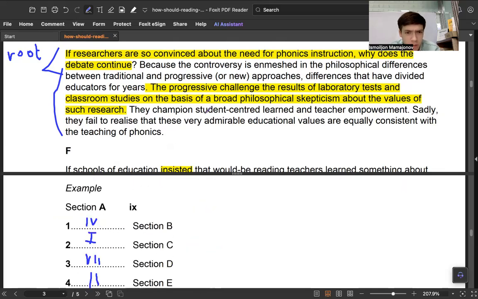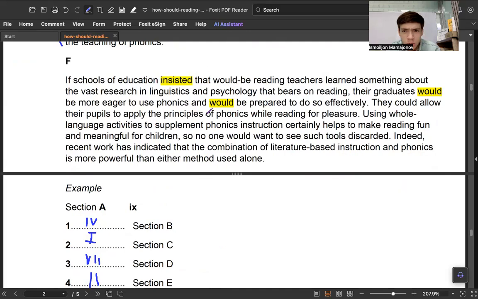Okay, F. F was more about, let's use phonics. Phonics is the best one. And so let's understand this conditional sentence. Whole language should also be used. Using whole language, yes, so no one would argue. Indeed, it indicates a combination of literacy instruction and phonics is more powerful than either method used alone.